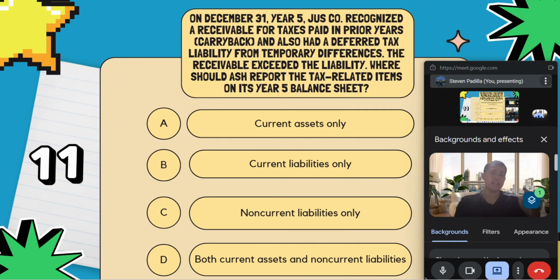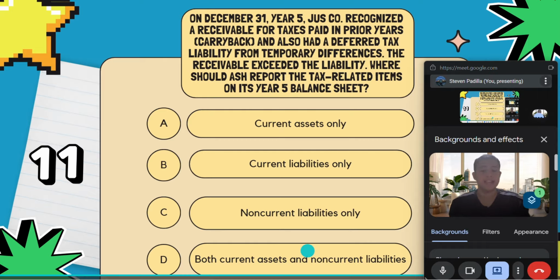Therefore, the company must present both items separately on the balance sheet, making the correct answer for number 11 letter D. It is both current assets and liabilities. So, let's proceed to number 12.